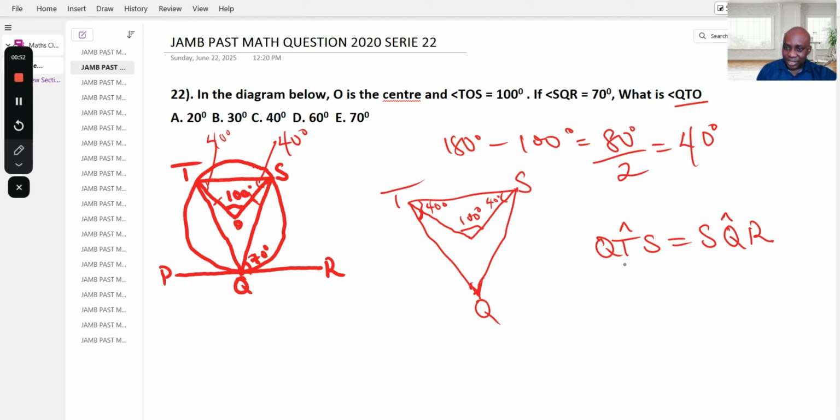It means that QTS will be 70 degrees, and the question has given SQR as 70 degrees. Therefore, the total here will be 70 degrees, based on the question, QTX. And we have seen one part which is 40 degrees. What will now be the balance that is here?